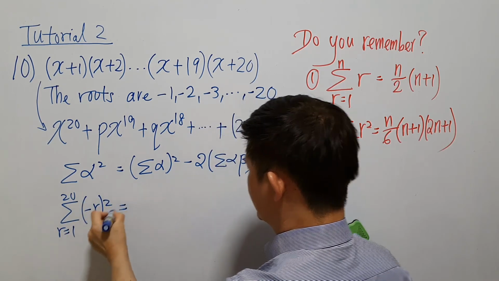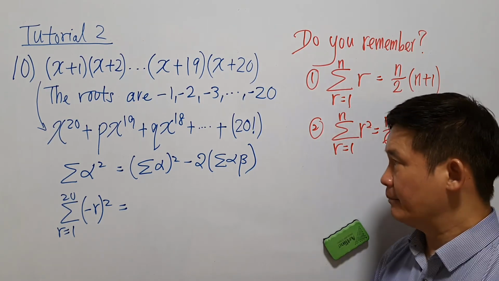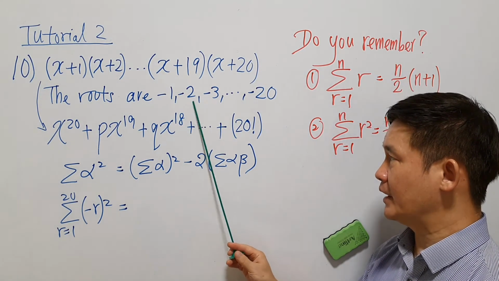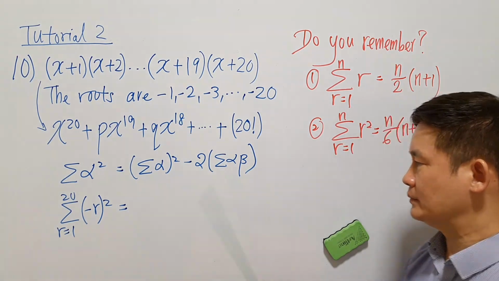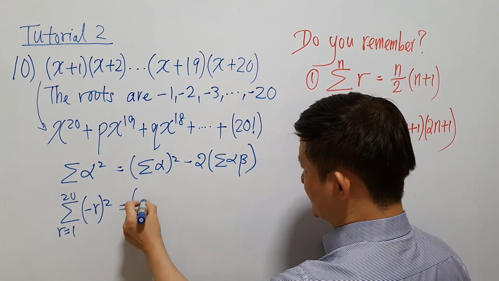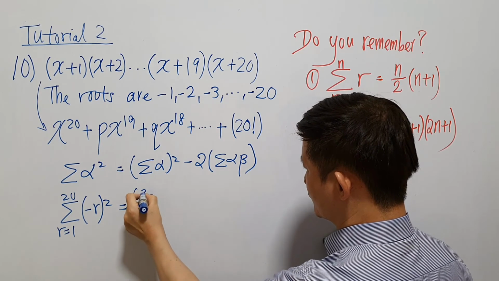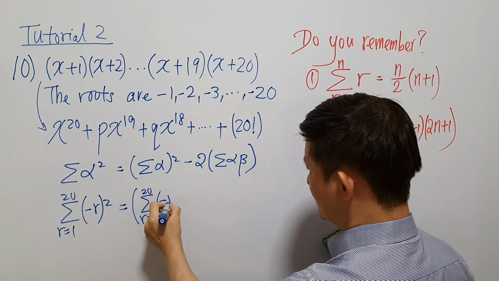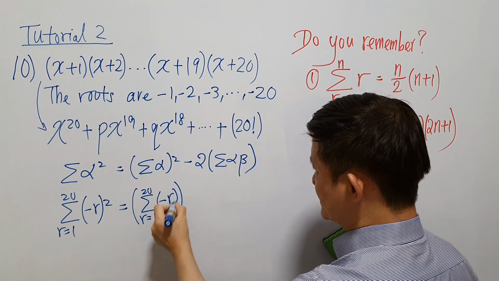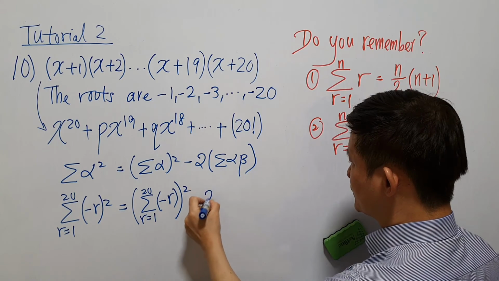Okay, because you actually have -1 bracketed square, -2 bracketed square, and so on and so forth. And then for the next one, this becomes summation of r equals to 1 to 20 of minus r squared also. And then you have -2.